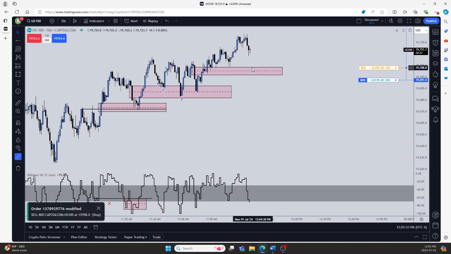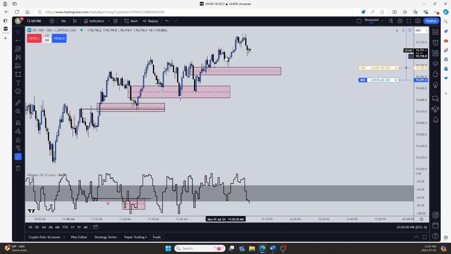Small little fair value gap in here. Order block. We got to see price run here.